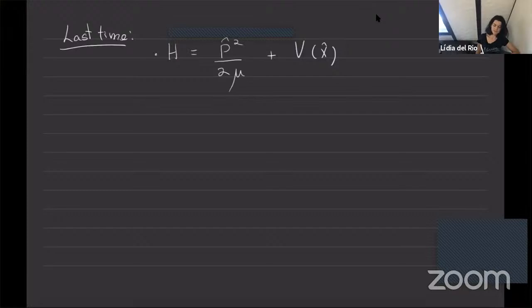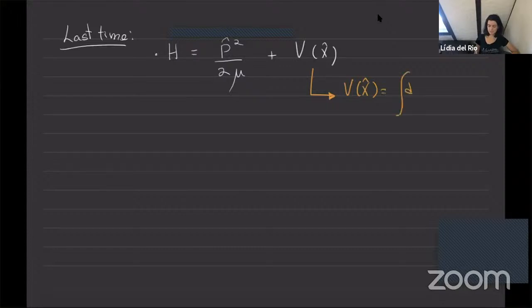This first term is the kinetic energy, whereas this term is the potential energy. What I mean by V of x is simply that this is going to be a matrix that's diagonal in the position basis. By this, I mean that it's something in the x basis, and it will have some value depending on the position.